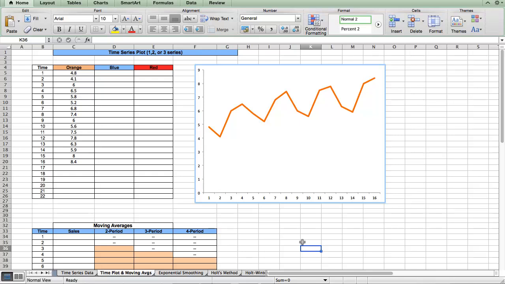Now, it's important to use our descriptive analytics, like we are here, visualizing the time series, to get a good idea of what the time series pattern is, because recognizing what that pattern is helps us to select the correct forecasting method.